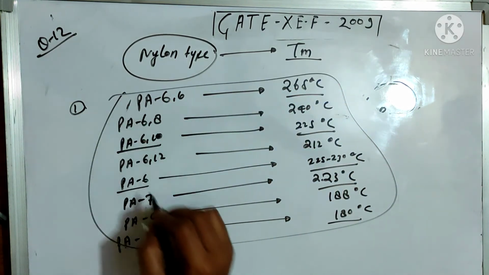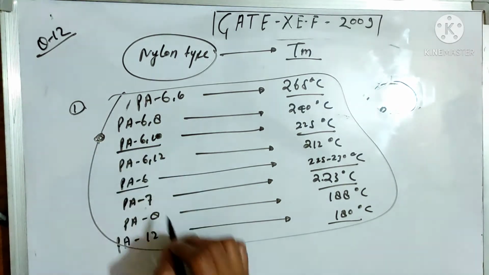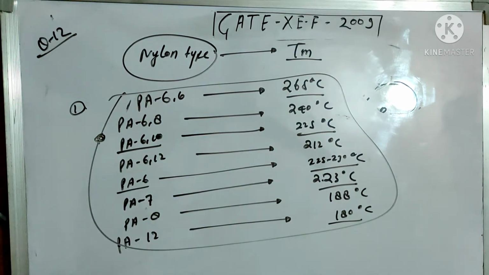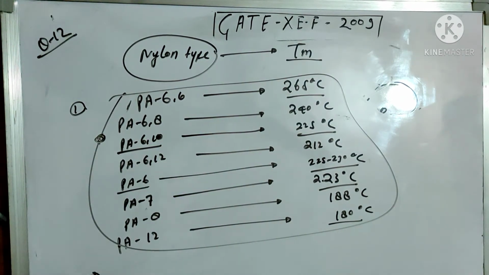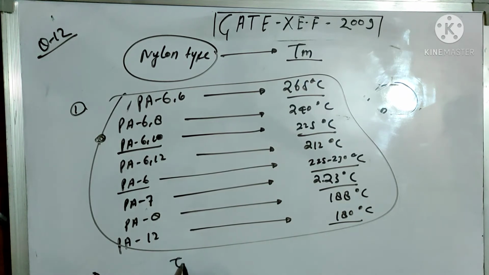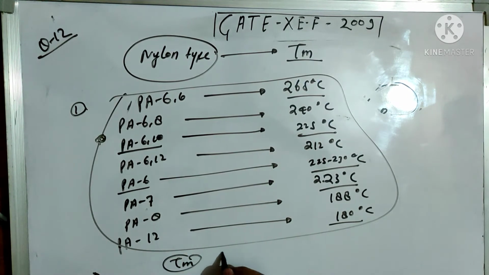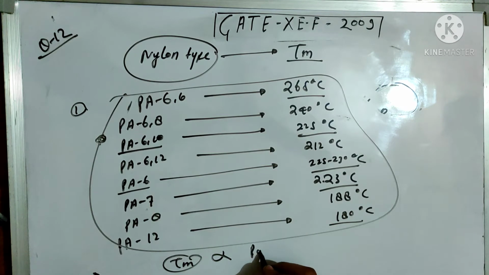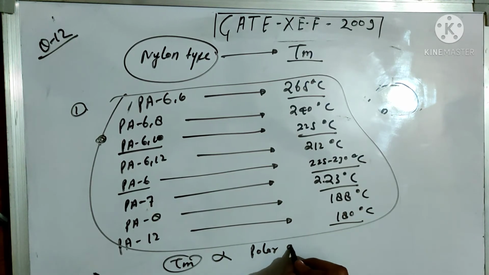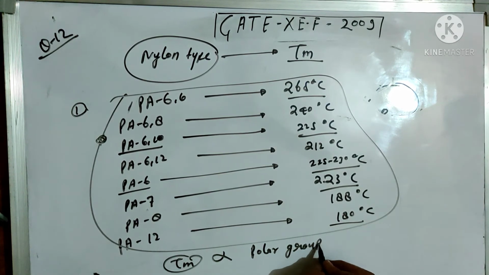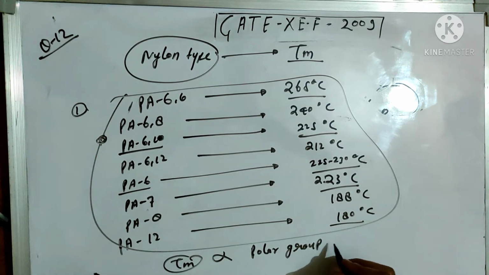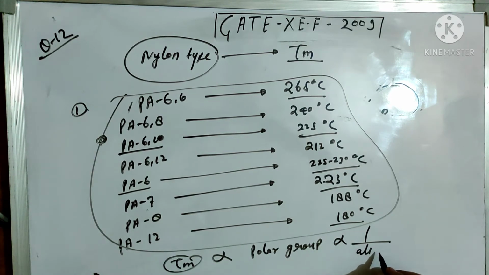Remember this data. If you cannot remember the data, then understand the concept behind the melting point. The melting point of a polymeric material is directly proportional to the polar groups in the polymer, and inversely proportional to the aliphatic chain length.